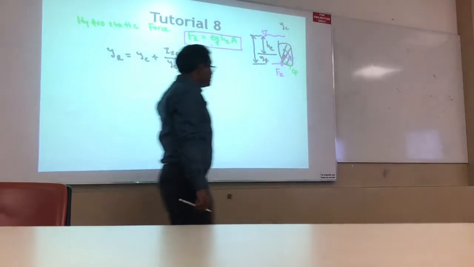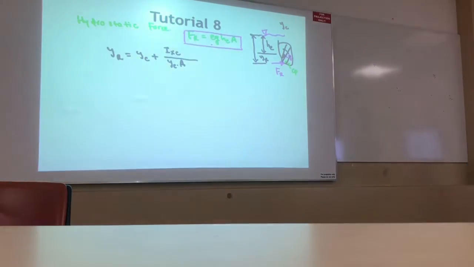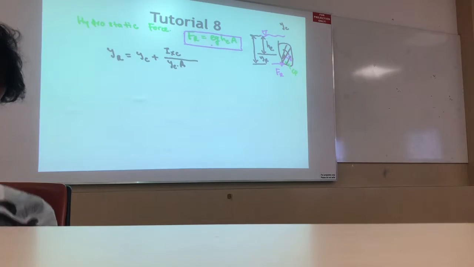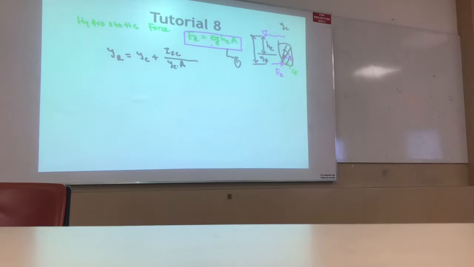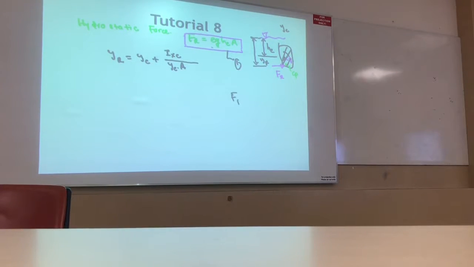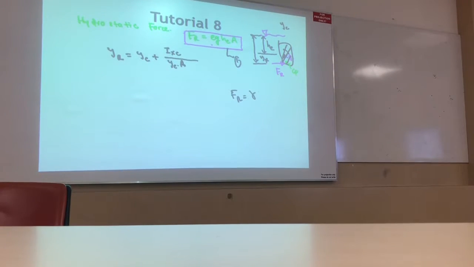So today we are using two equations. Number one is hydrostatic force, rho g HC A, this one. Or if you write FR equals gamma YC A, same thing. Gamma means rho g, and YC or HC, A. Or if you want to write rho g YC A, also okay. No problem.